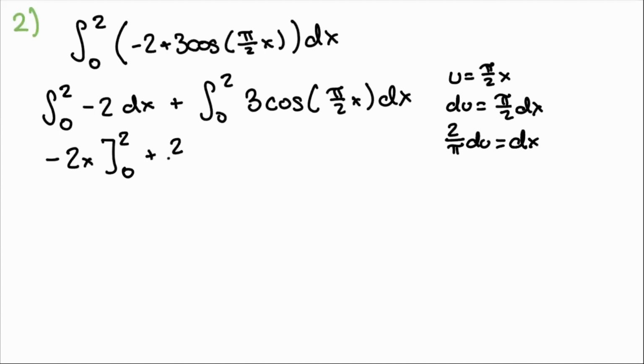But we're going to take this constant multiple out, and for this u, we're going to sub in the values of x for our bounds of integration into what u stands for, because now we're in the u world. So pi over 2 times 2 is just going to be pi, and pi over 2 times 0 is still 0. And now we have 3 cosine of u du.